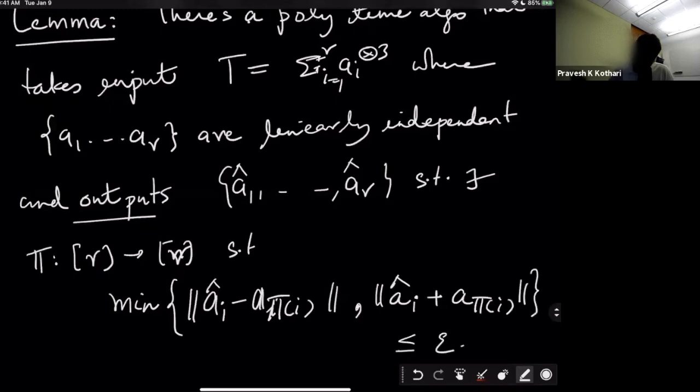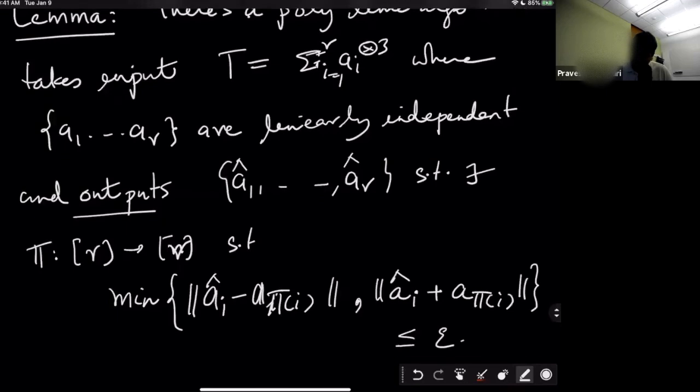So this is just my complicated way to write that I have recovered the a_i up to permutation and signs. I can't quite tell which a_i was the first, and I can't quite tell the sign of a_i, but up to those two symmetries, I have recovered the set of vectors. And so let me describe this algorithm.